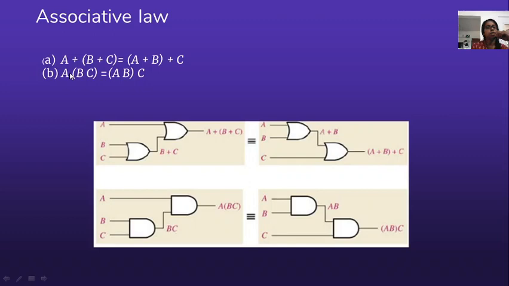So how many AND gates are required? Two AND gates are required, same as the procedure for the OR gate. You understand and do it yourself. That is two AND gates, and we will get the left hand side and right hand side. Have a look and understand.